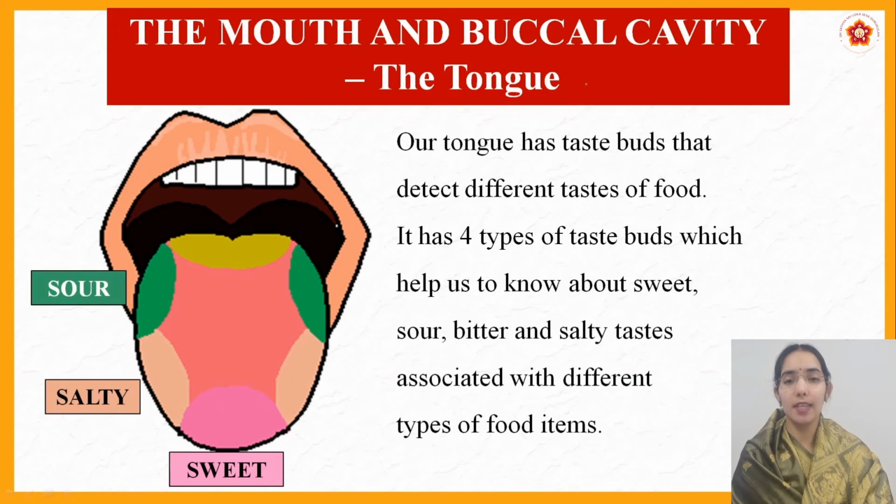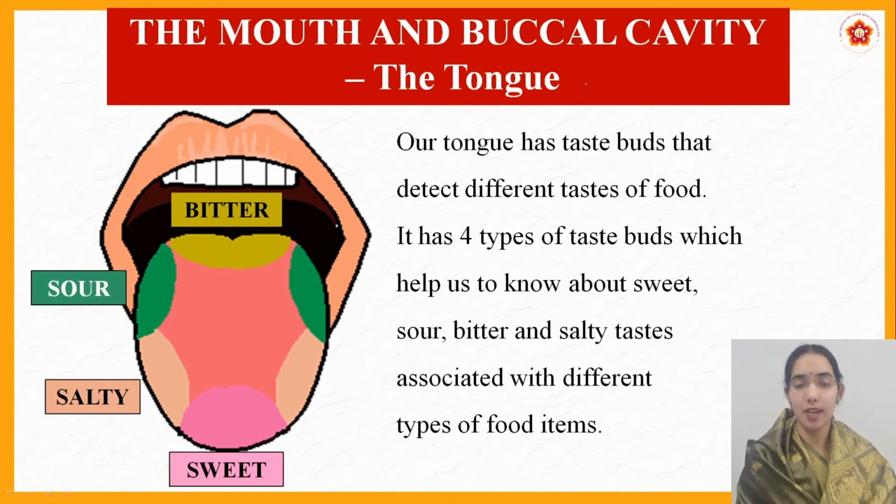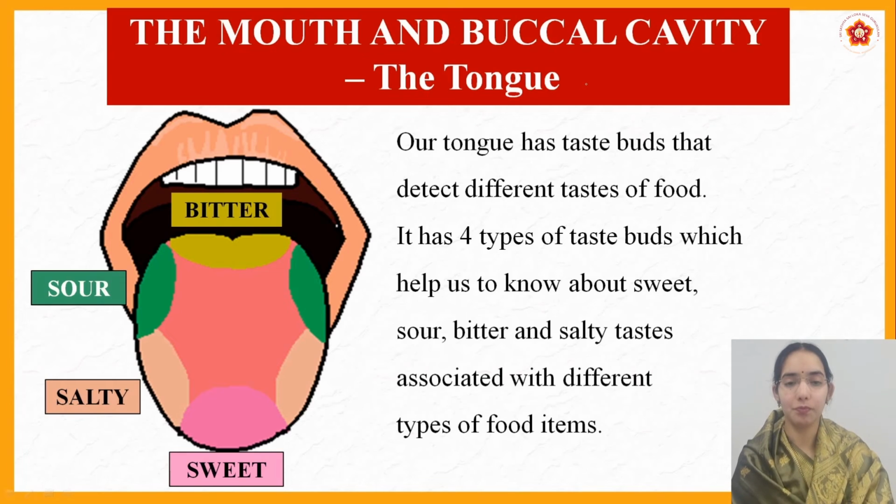Then at the utmost end of your tongue are concentrated the taste buds which can detect bitter taste. Interesting, right? That our taste buds are concentrated in different areas to detect different tastes.